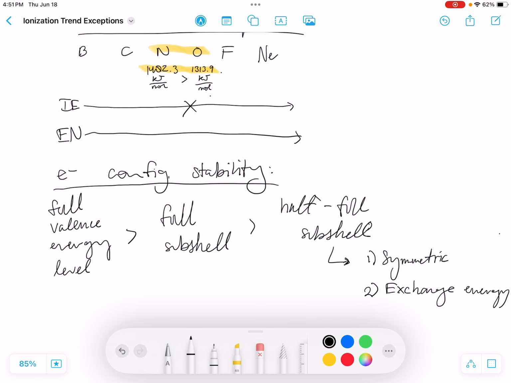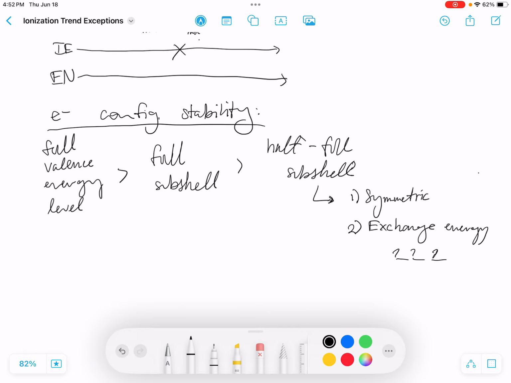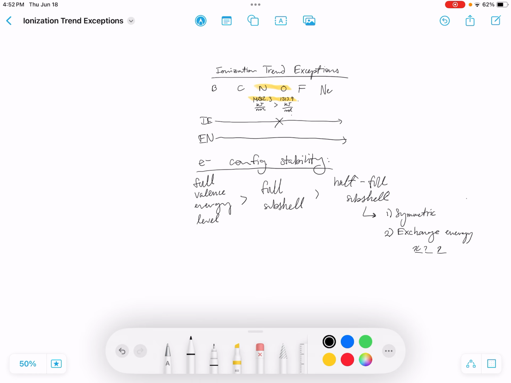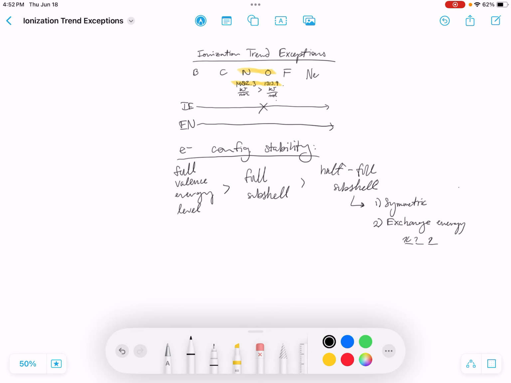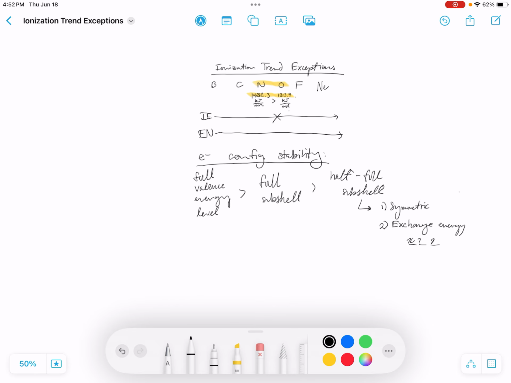Exchange energy is basically saying, if I have these electrons in degenerate orbitals and they have the same spin, they're able to exchange with one another in more potential ways, therefore decreasing the energy compared to if I add an extra electron right there. And all of this comes into play when you look at ionization energy because it will change the electron configuration and therefore change the stability.